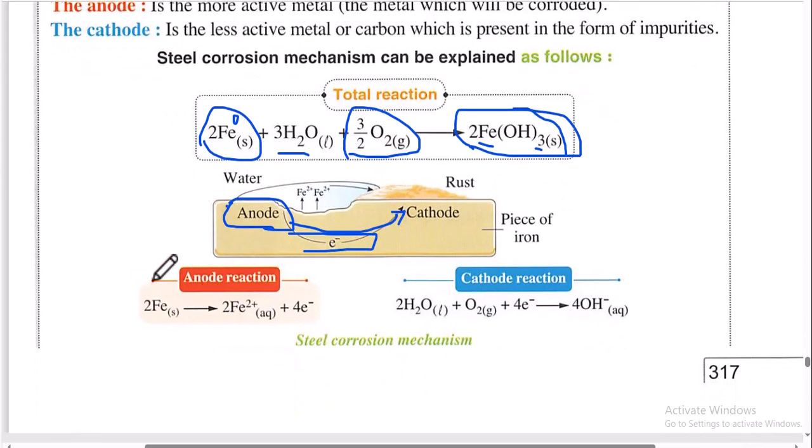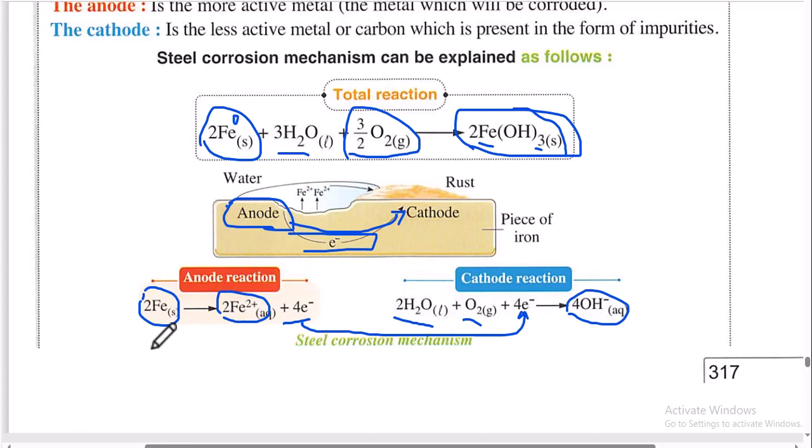This process includes the reaction of the anode, oxidation of iron solid, 0, into iron positive 2, and leaves 4 electrons. These 4 electrons go to the cathode through the outer wire or in the iron piece, and reduce 2 atoms of oxygen in the gaseous form and 2 molecules of water to form 4 hydroxide ions.